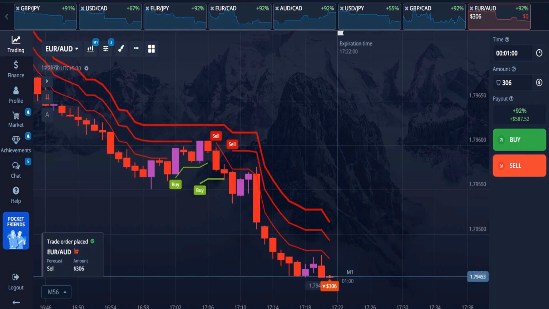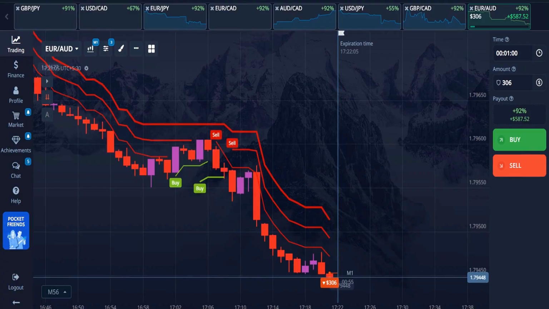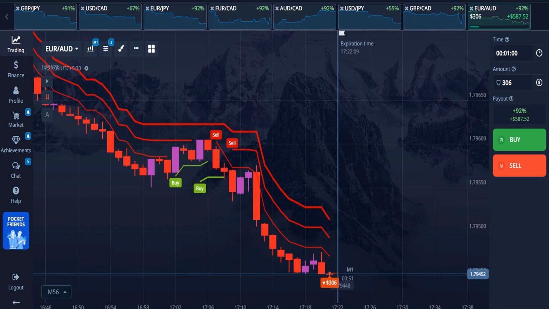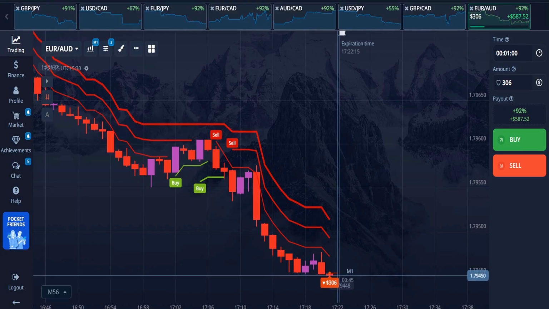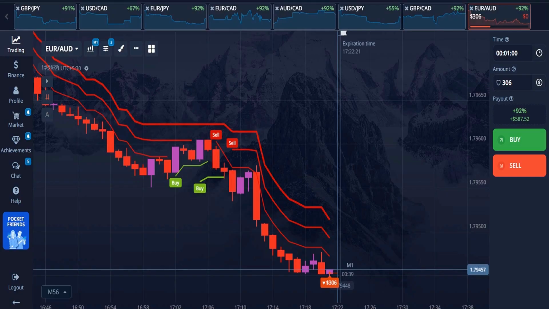Alright traders, now take a close look at this setup. Here, I've taken a sell trade, and let me explain exactly why this was a smart move based on our strategy. As you can clearly see on the chart, multiple strong red candles formed one after another, showing that sellers are dominating the market. Then came a small green candle, which is a classic retracement during a downtrend.